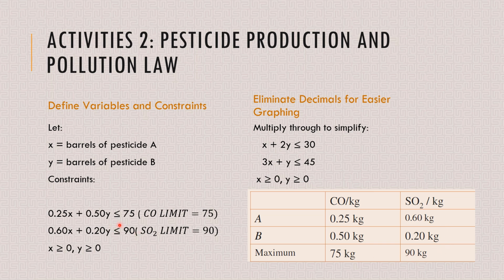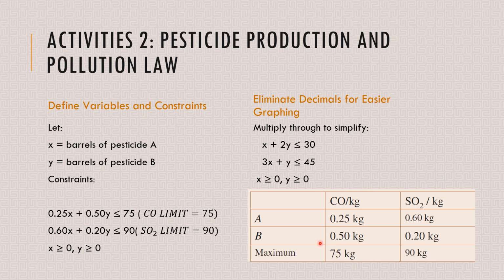To write the constraints, after the production of pesticide A and pesticide B, when I add the CO produced, it is supposed not to be greater than 75.